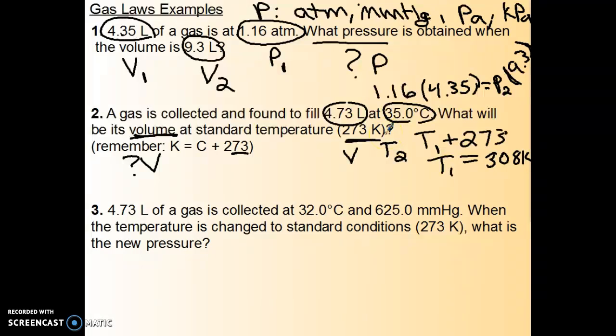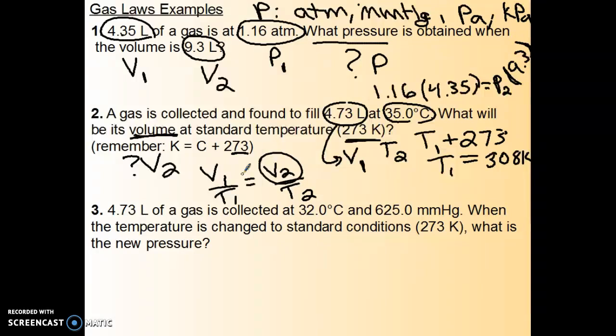And we are using this volume right here, since it's in the same container, the same gas as the 35 degrees Celsius, this must be our V1. So we could use the equation V1 over T1 equals V2 over T2, and we would be solving for our V2. So plug in and we can solve easily. Now, since this is in the denominator on the right side, we're going to have to multiply it on both sides, so we would have T2 over here in the numerator.